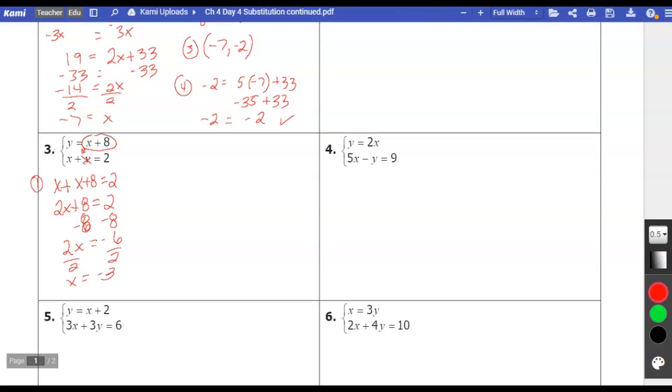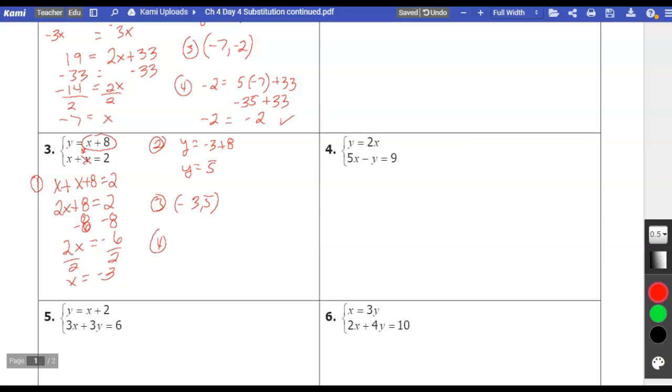So that's my first step. My second step, plug it back into one of the equations. So y equals, now my x equals negative 3, plus 8. So y equals 5. So my third step, write down my ordered pair: negative 3, comma, 5.